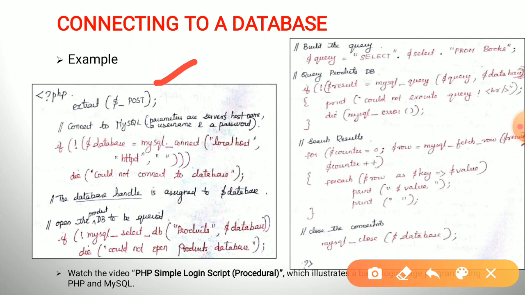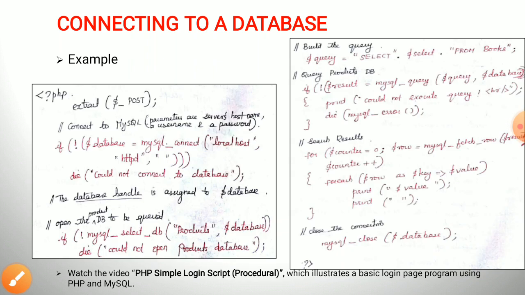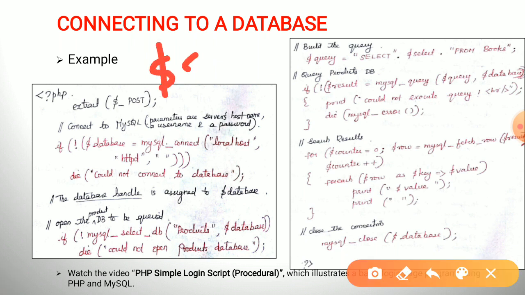So the value can be... you can see the name of this drop down menu is select. So the value sent by the client can be accessed from the $select variable.